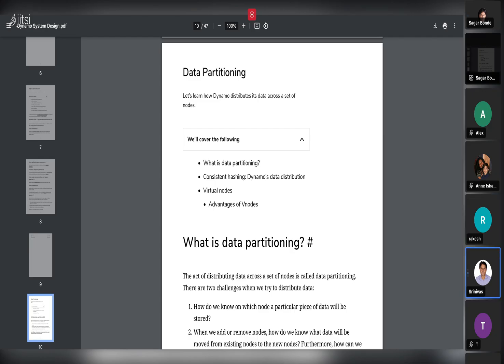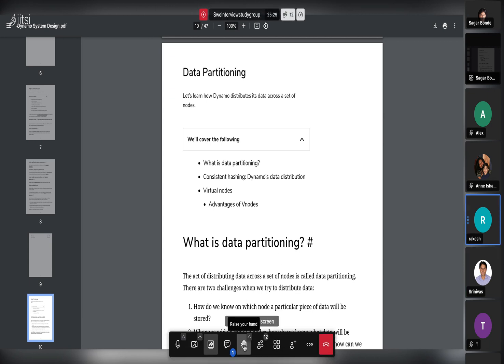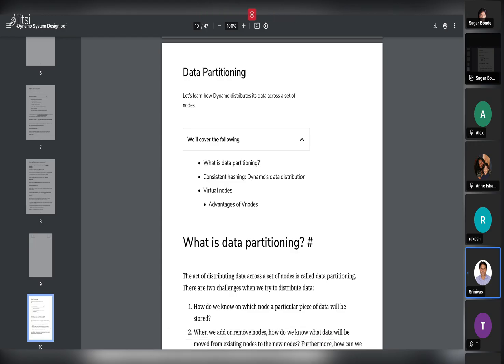One question before we go on: how many of us are confident about consistent hashing? No, I am not confident. I'm not aware either. Okay, that's fine. Then we can dive deep into consistent hashing.